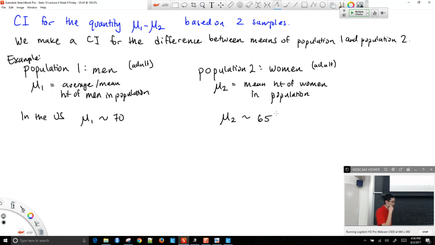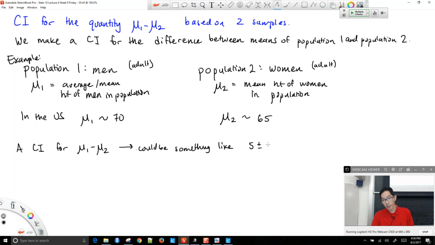And so if we make a confidence interval for mu1 minus mu2, it could be something like 5 plus or minus 2, which would be 3 to 7.